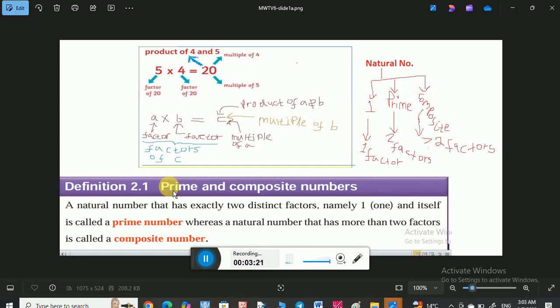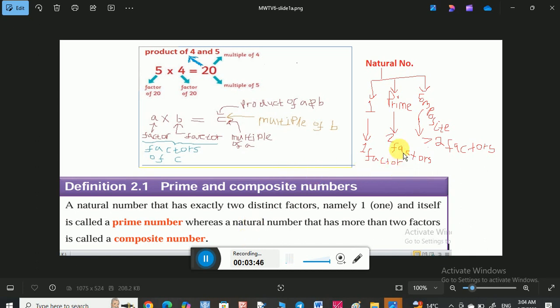I took it from the school mathematics textbook. A natural number that has exactly two distinct factors, namely 1 and itself, is called a prime number. And a natural number that has more than 2 factors, more than 2 means 3 or more, is called a composite number. We can divide natural numbers into 3 subcategories based on this definition.